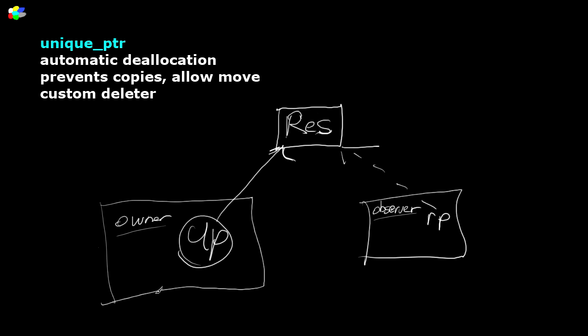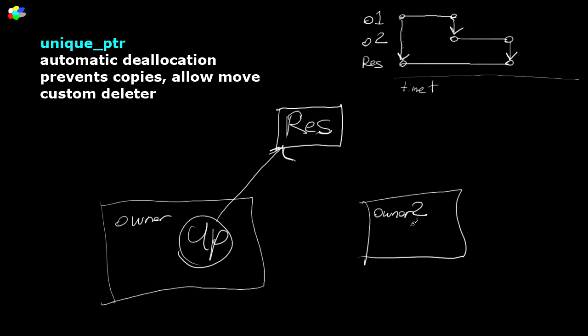If the owner dies first, this is going to get destroyed, and now you've got a dangling pointer. That's bad. But now let's say we have a second object that also wants to own the resource. How does that work? If we look at the graph here of the lifetimes of the objects, if it looks like this, object 1 owns, and then at some point object 1 goes out of scope, but object 2 wants to begin to own, you can do that easily with a unique pointer.